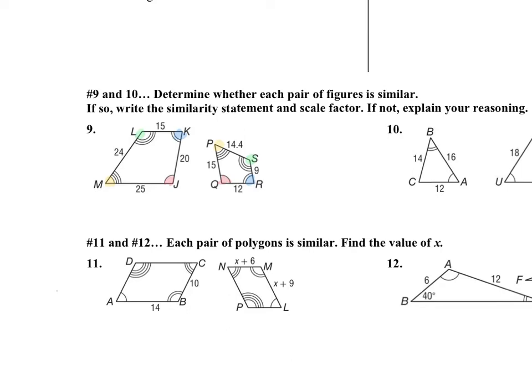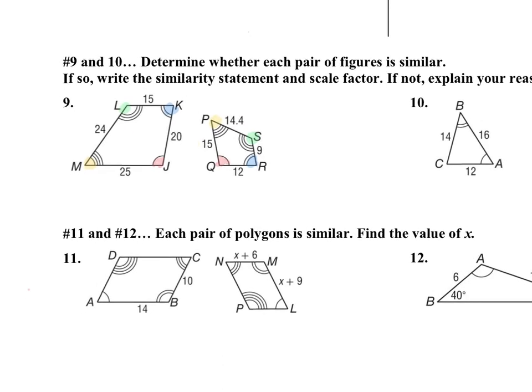Okay, so I'm going to start with the smallest side on this one, which is 15, and the smallest one over here, which is 9. And if I divide by 3, that is going to give me 5/3.